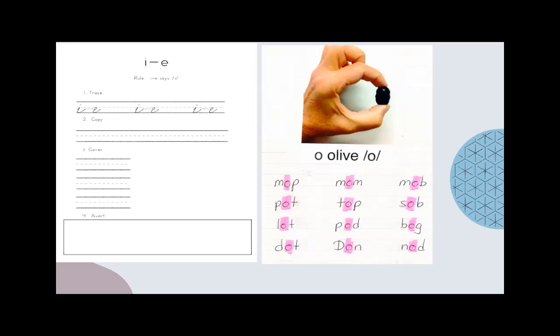So students are utilizing this paper and they're doing exactly what trace, copy, cover suggests. First they are tracing the I, and you'll notice it is a cursive I, and I'll talk about why in just a moment. I consonant E spells I. And then they're going to do the same thing, but now they're going to copy it from above.